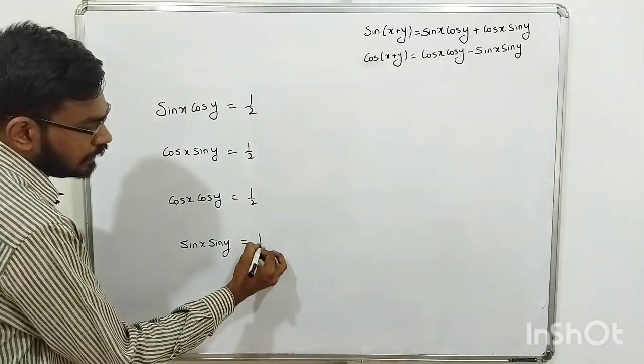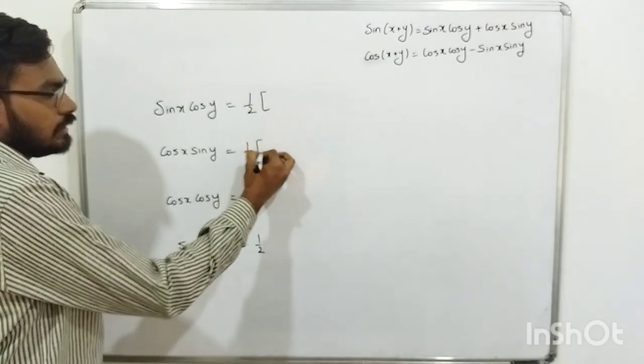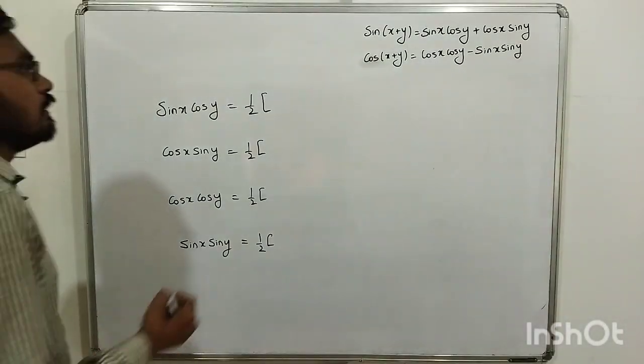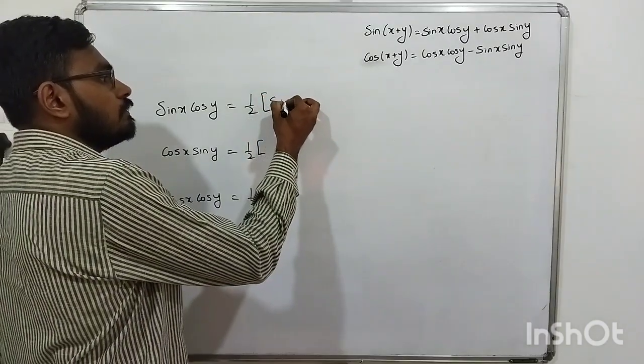Now the common things in this is this half, half, half, half. Then we have bracket like this, and inside the bracket we have sin of x plus y.